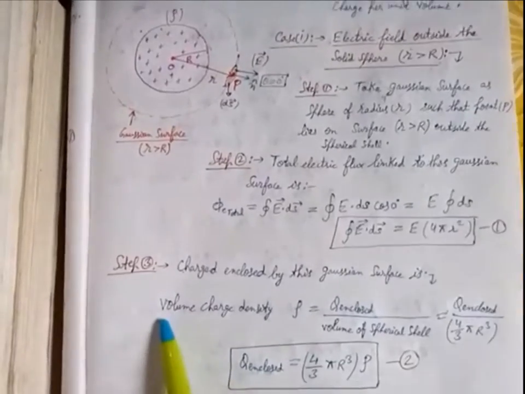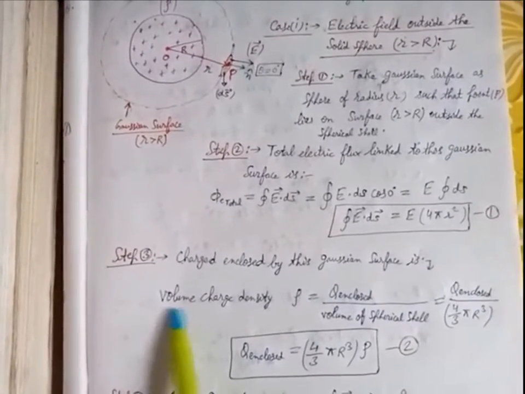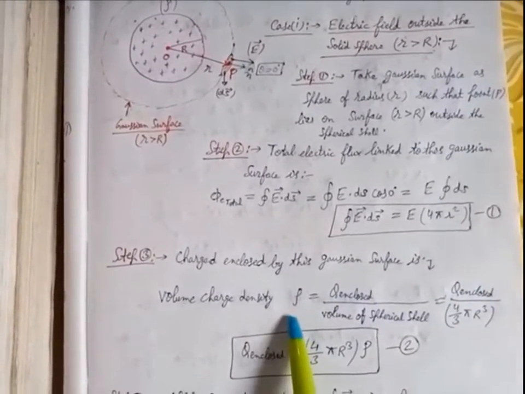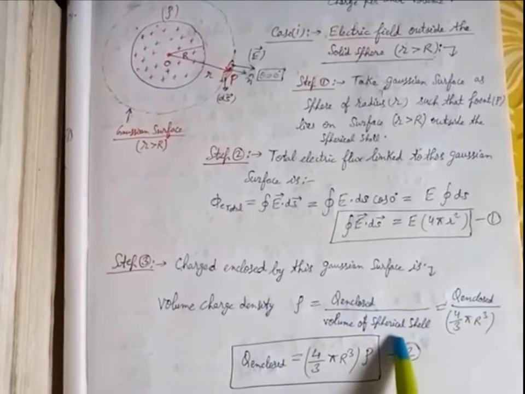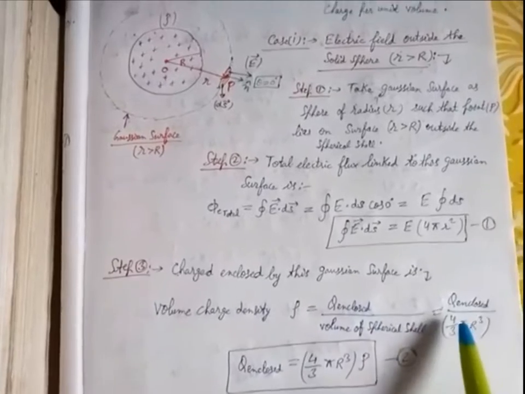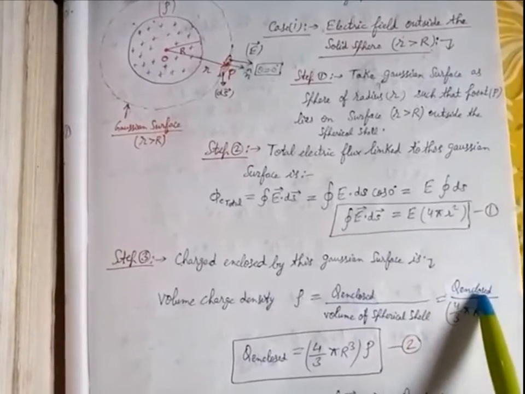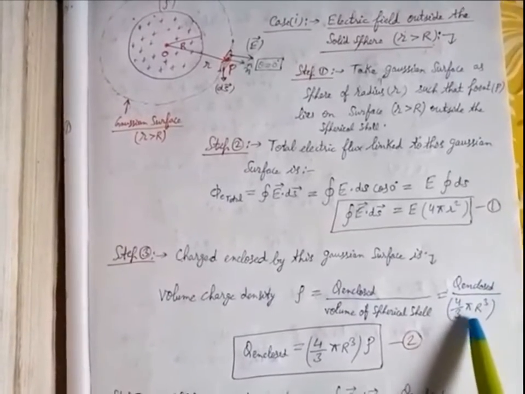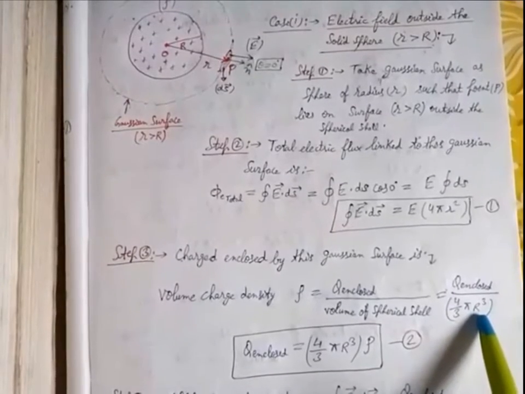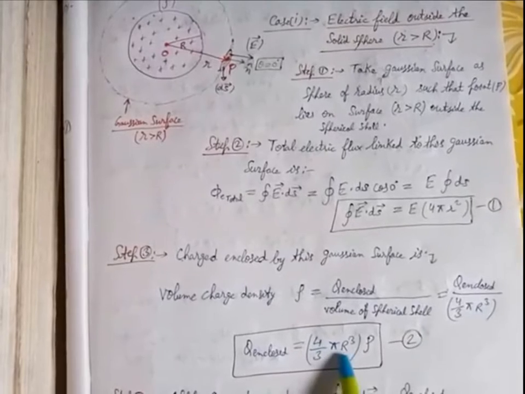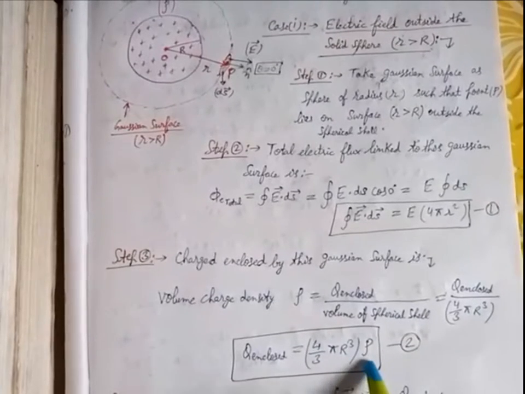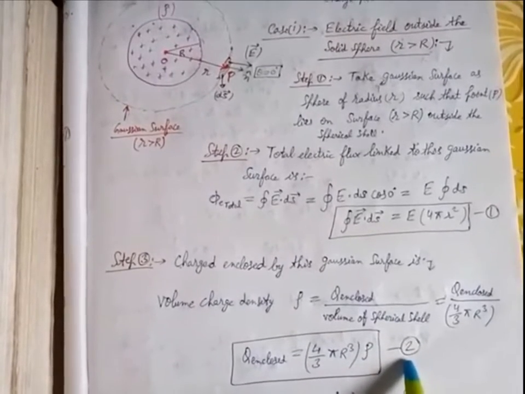So this will be taken out by taking volume charge density rho, that is q enclosed, charge enclosed upon volume of the sphere. So this is equal to q upon 4 by 3 pi R cube. Charge enclosed q enclosed will be 4 by 3 pi R cube into rho. This is equation number 2.